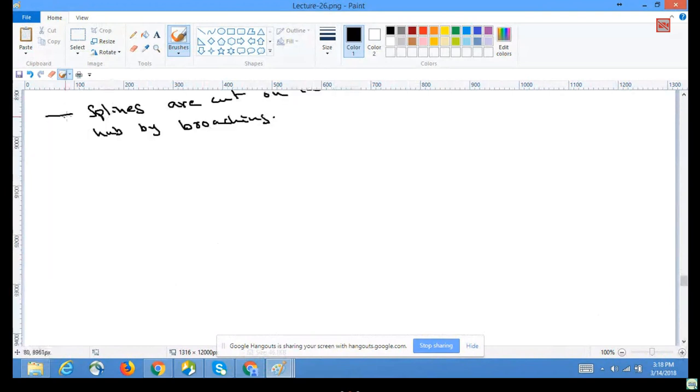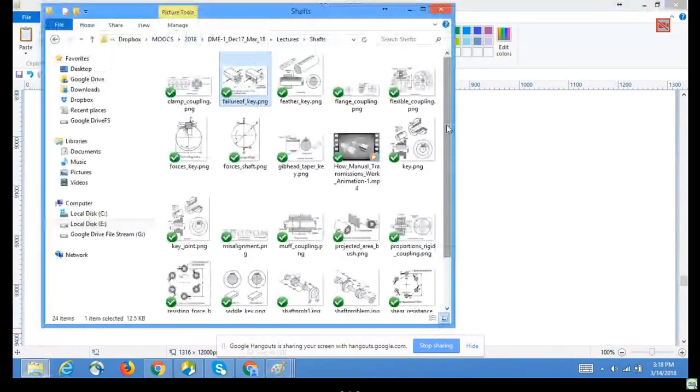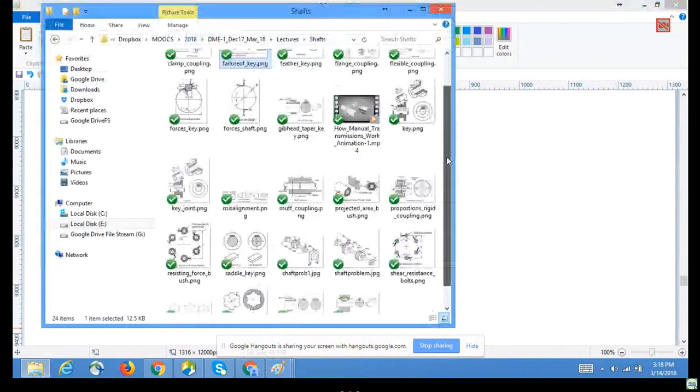So let us look at how the splines look. You can generally see it in your bike. When you go for the next servicing, you can ask the mechanic to open the gear and clutch plates. Then in the gearbox, he will show you these kinds of things.